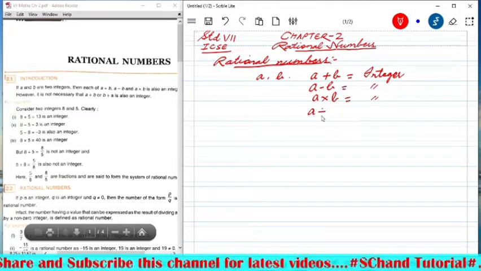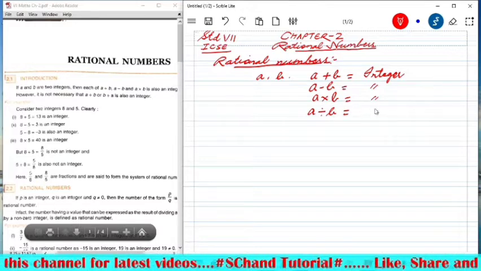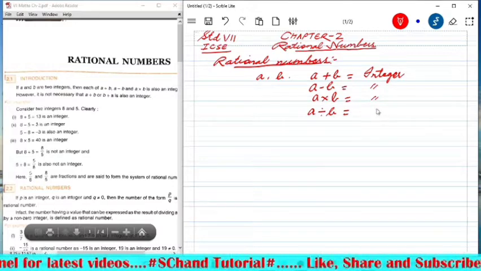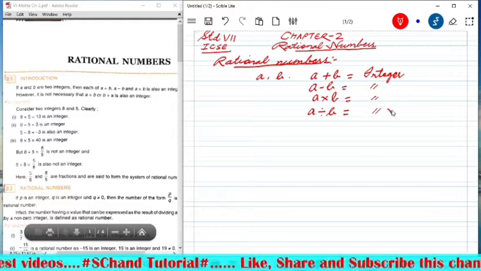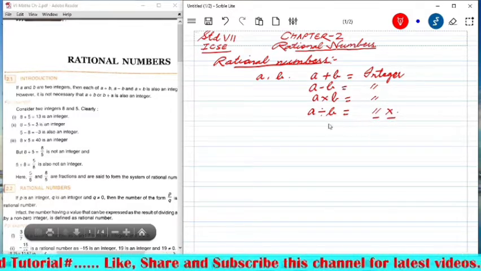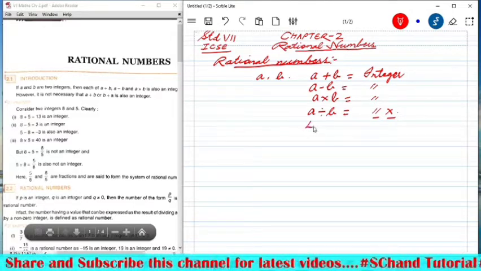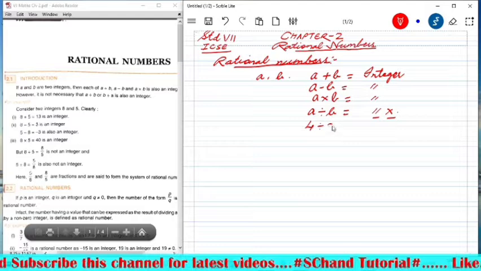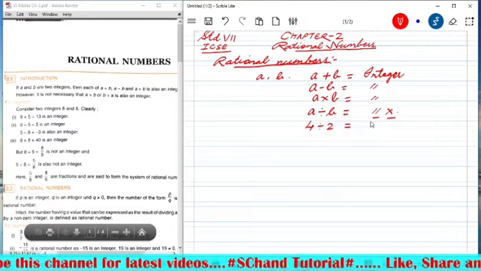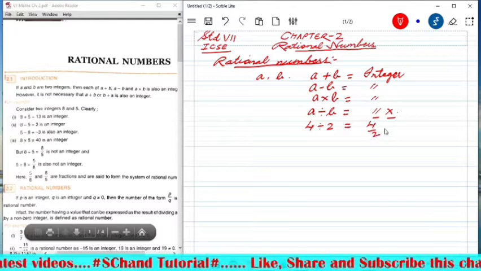But when we divide two integers, the result may or may not be an integer. There are two possibilities. For example, if we divide 4 by 2, that is 2.